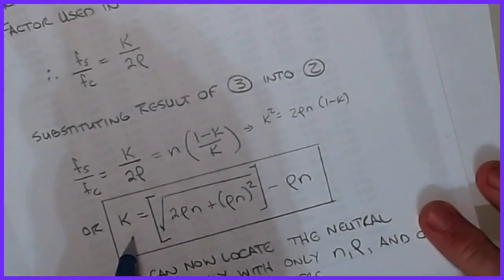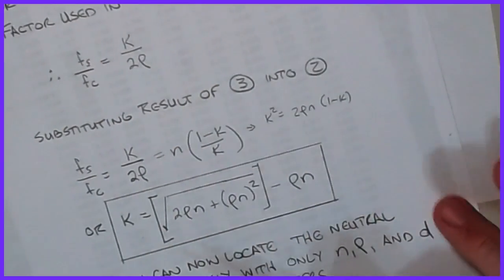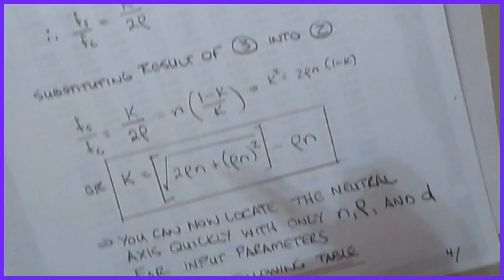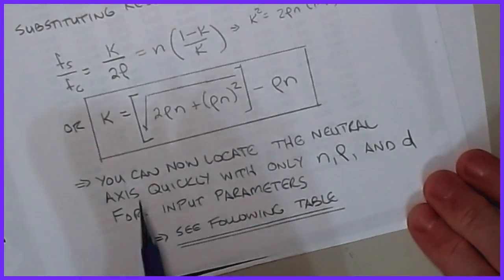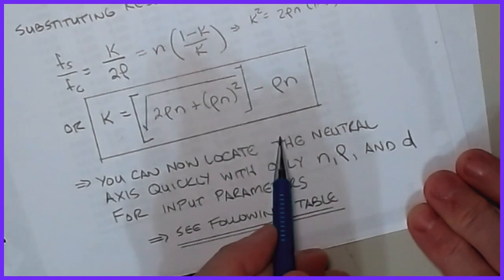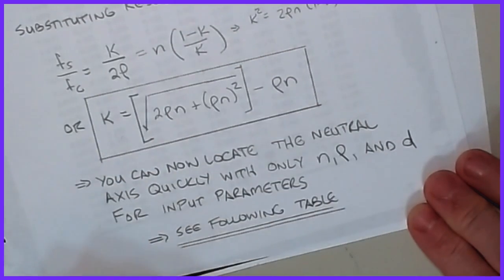I can calculate K for any reinforcement ratio or any amount of steel for any section BD. That's powerful, right? And that is just awesome. So now if I know K, then I know where the neutral axis is, and if I know where the neutral axis is, then I can find everything else, right?